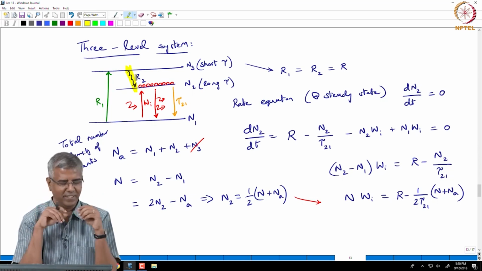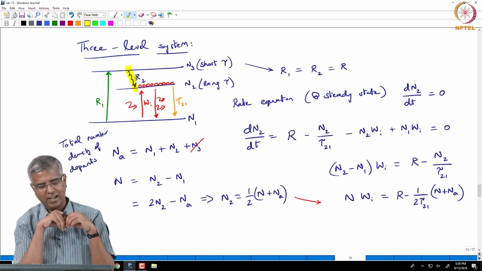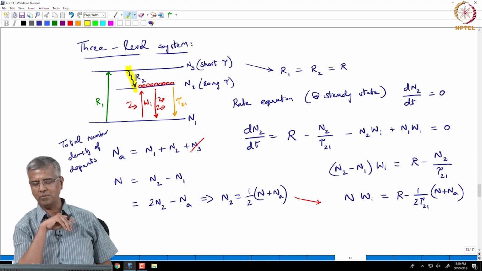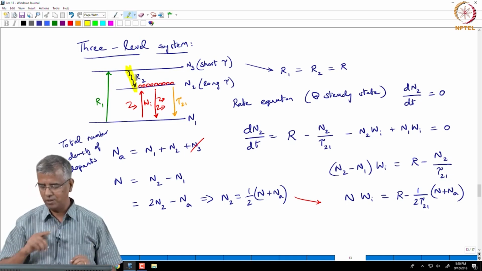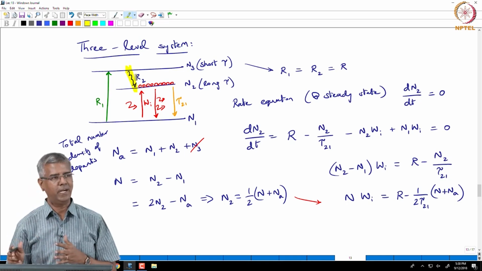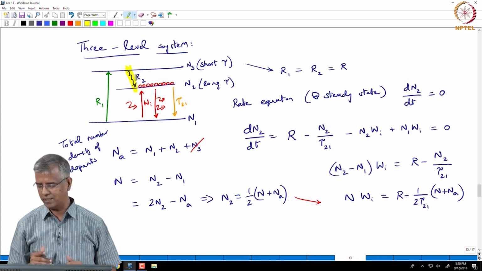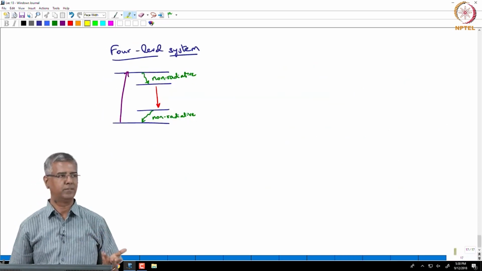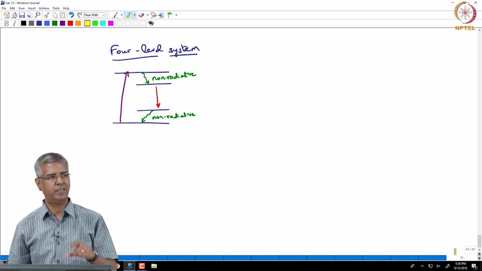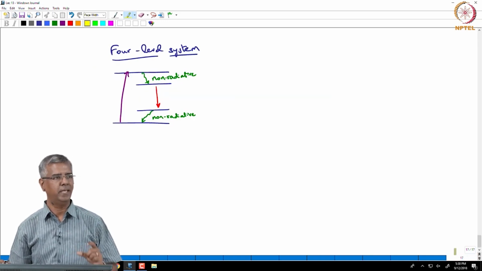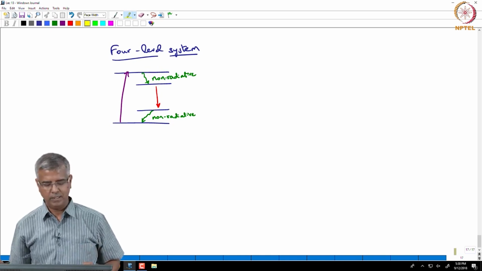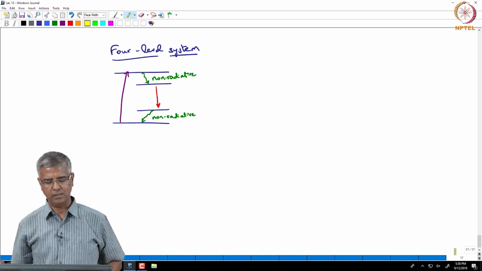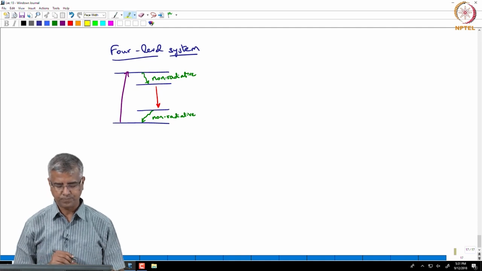I am talking about almost 20 years ago. But that just giving you an idea of where you get a radiative relaxation versus non-radiative relaxation. If you get non-radiative relaxation, you do not get gain, right. Only for transitions where you can have a high probability of radiative relaxation, that is where you can get gain.